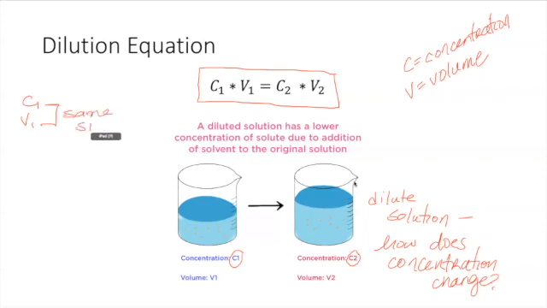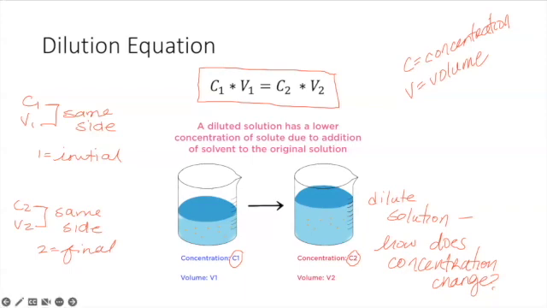And you could almost even think about the one as being the initial. C2 and V2, same thing. You want to keep them on the same side of the equal sign. And you can think about them as being the final. So let's go ahead and look at a practice problem.